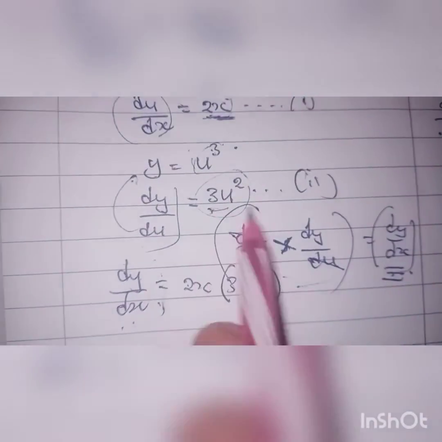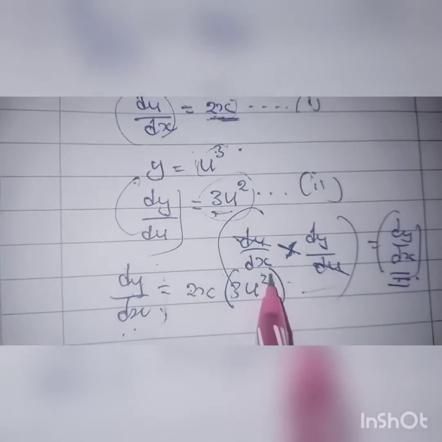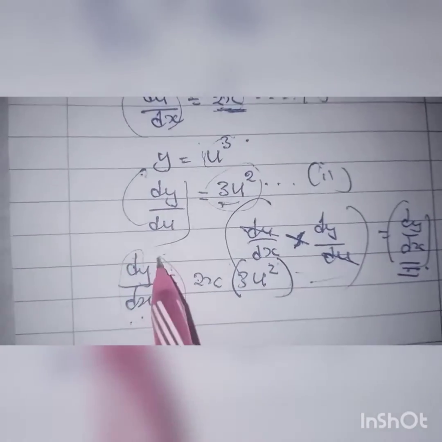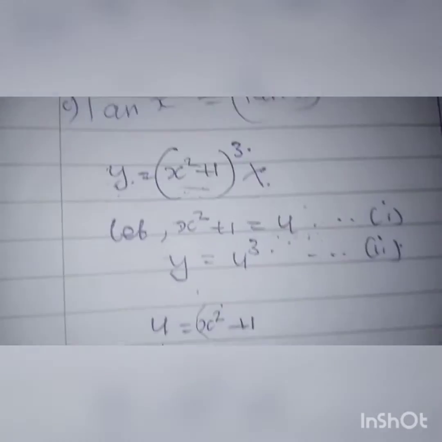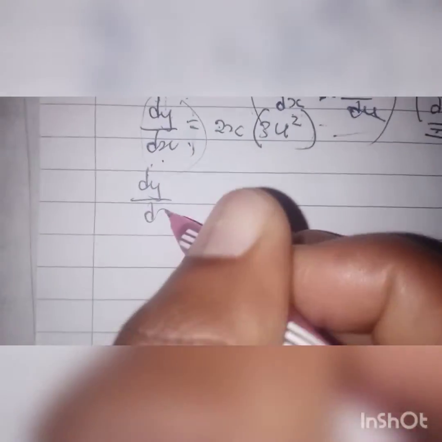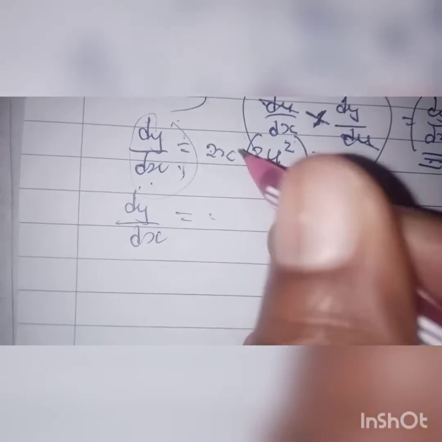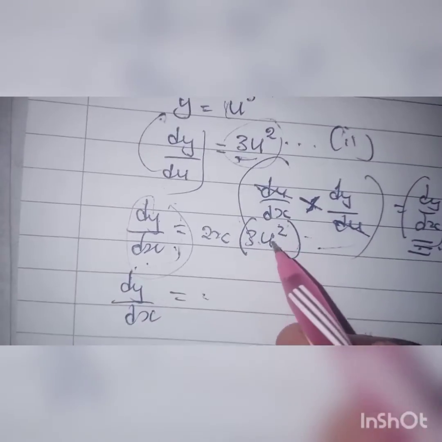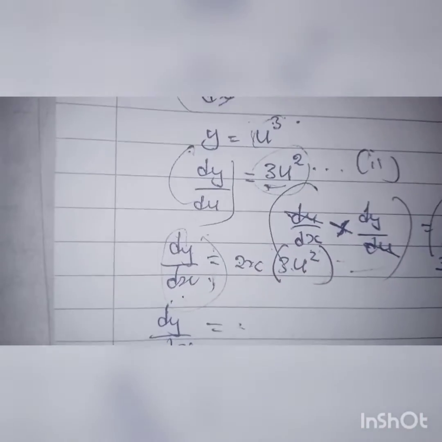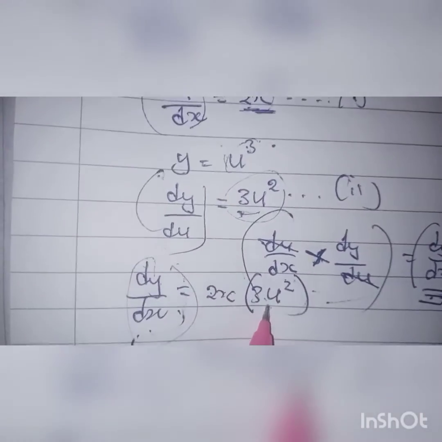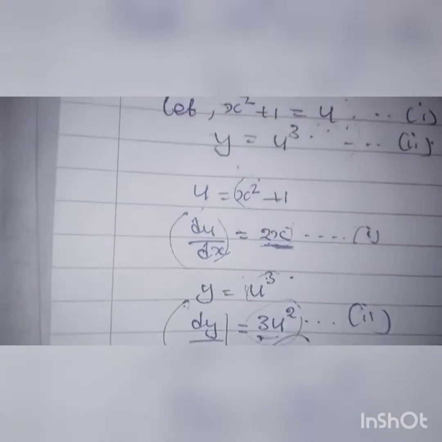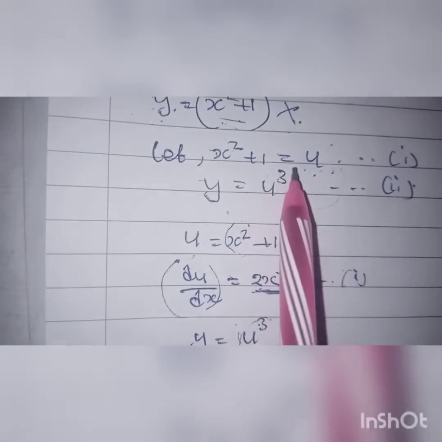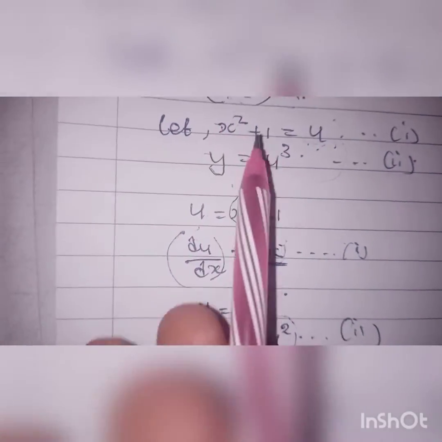So the product of the two functions is the derivative of this function. Before opening this bracket, let's substitute the value of u, where u equals x squared plus 1.